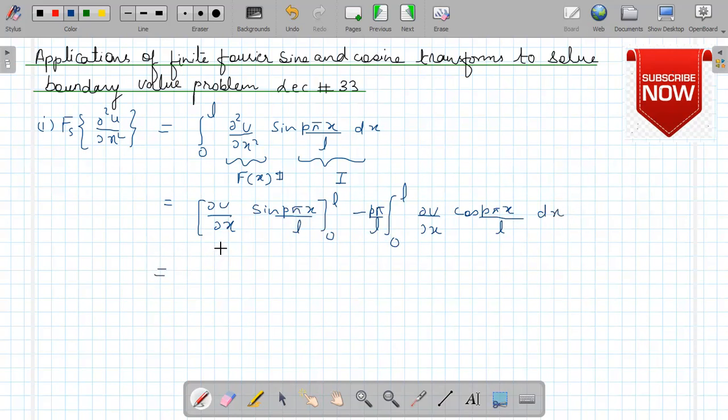We don't know the value of del u by del x at the upper limit, so we write this as it is.